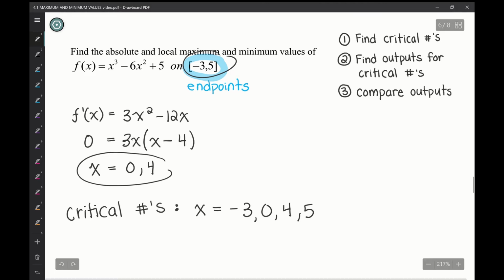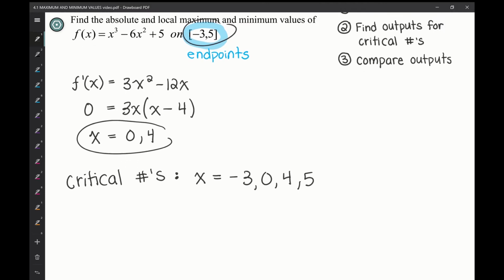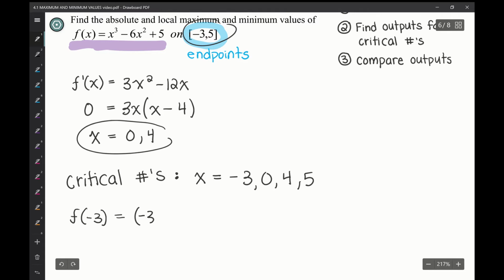Now that we have the critical numbers, next we want to find the outputs for each of these critical numbers. You want to be very careful that you're substituting back into your original function and not accidentally substituting into your derivative. We're trying to find the outputs of our function, not of our derivative. So we need to find f of negative 3, which will be equal to negative 3 cubed minus 6 times negative 3 squared plus 5.